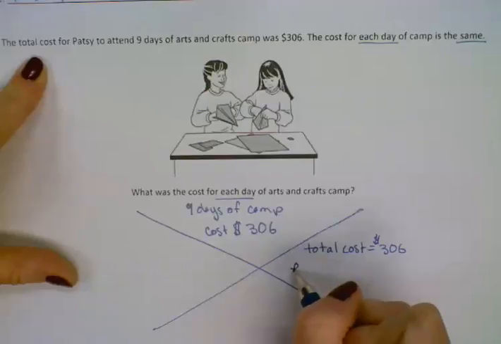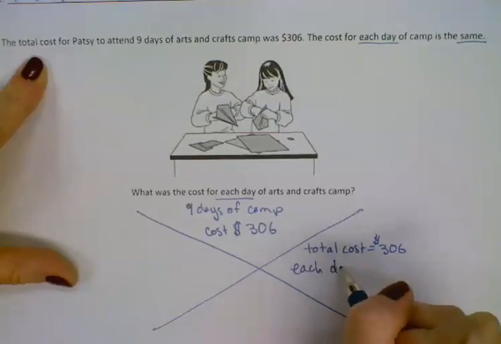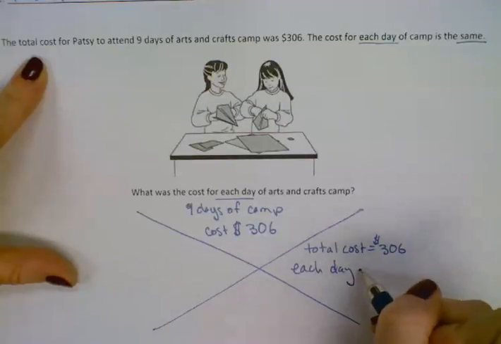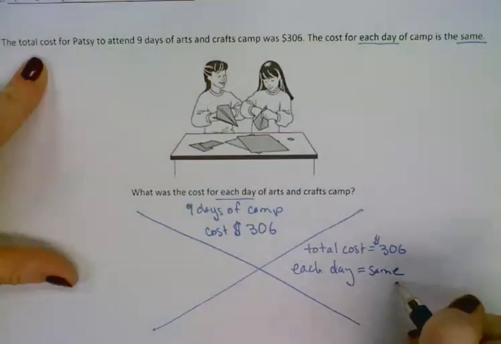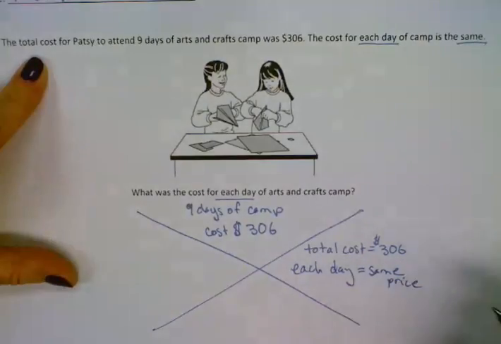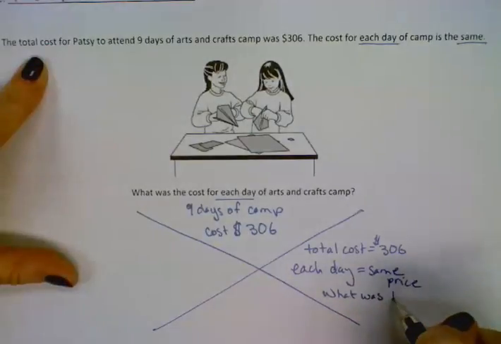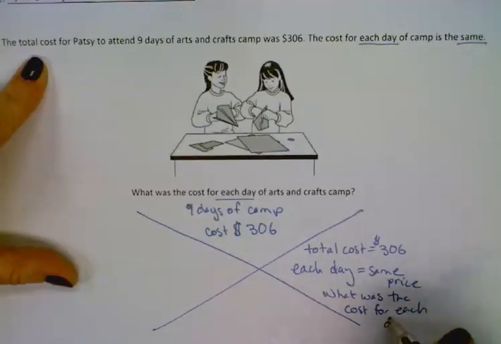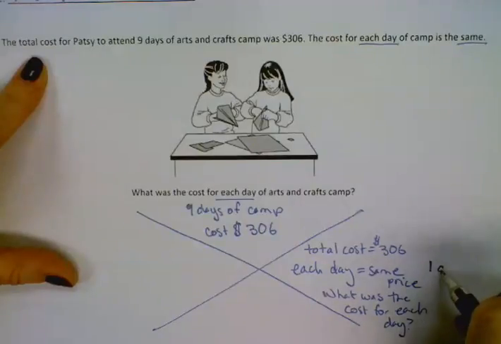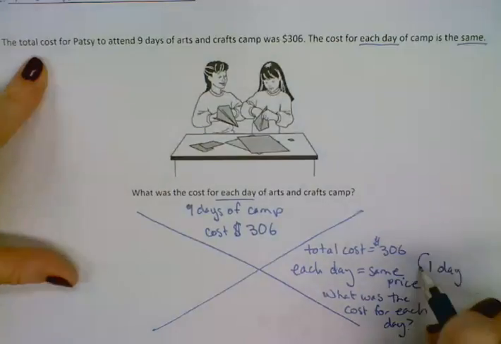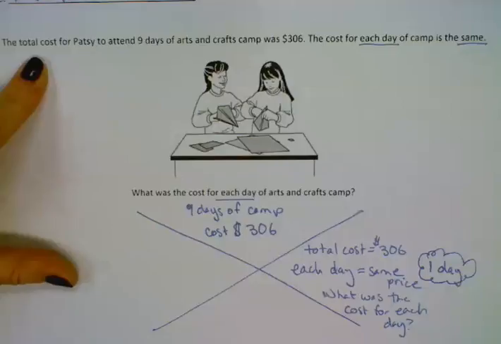I'm going to say that each day was the same price. And I want to know what was the cost for each day, which really means what was the cost for 1 day of camp. Take a moment and you can pause the video and catch up with your writing.